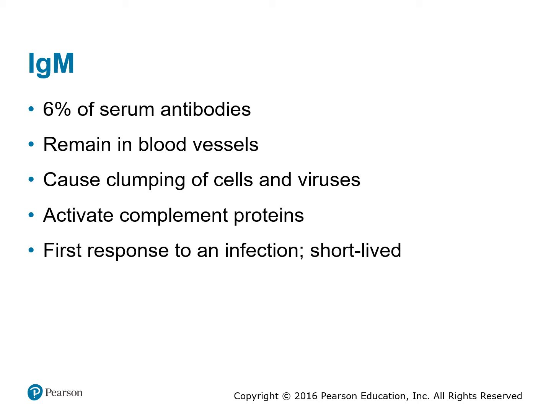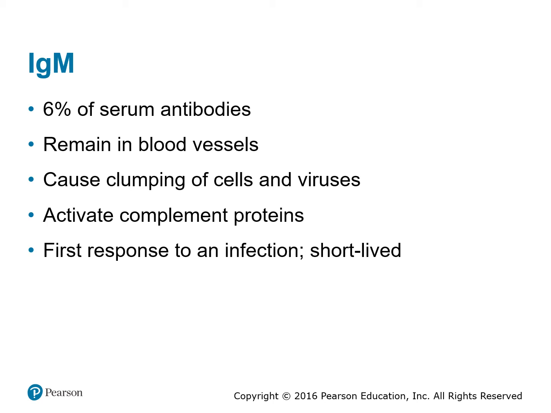They can also activate those complement proteins that we've previously discussed. Antibody M, or immunoglobulin M, is one of the first ones that would actually respond to an infection. So if your immunoglobulin M's are pretty high in number, that could indicate a recent infection or an active infection.